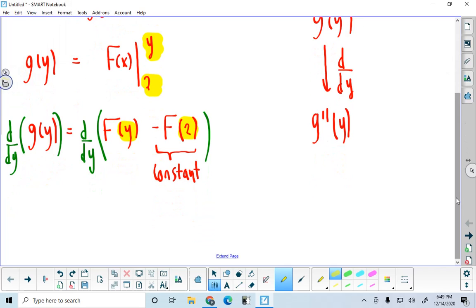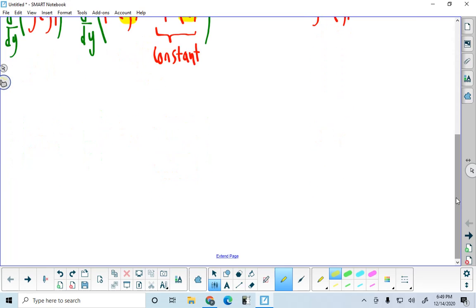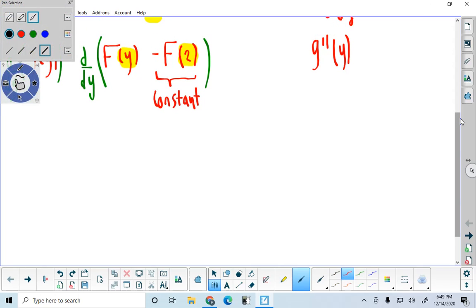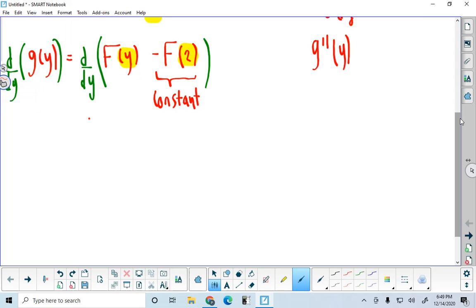Now, you learned in high school calculus, and I'm sure it's come up in your calculus course, that when you differentiate a sum or a difference, you can differentiate them separately. So the right-hand side here becomes the derivative with respect to y of the antiderivative of the function at y minus the derivative with respect to y of the antiderivative of the function at 2.